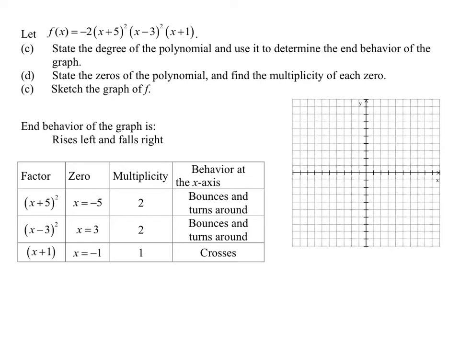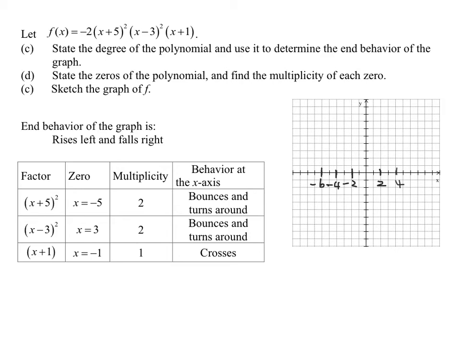So what I have to do is plot each of my zeros on the x-axis, and I need a consistent scale on the x-axis, so I'm just going to have 1 square is 1 unit. So I have -2, -4, and -6 in that direction, 2, 4 in the positive direction. I don't need to state the scale on the y-axis since I'm just going to sketch the graph.